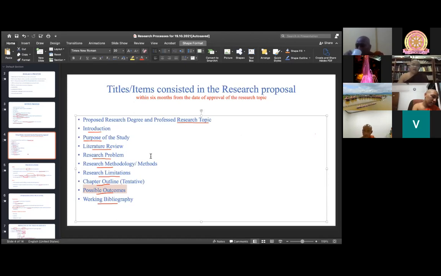Now, later students, not in my time. Now, at present, most research students, I mean MPhil students, when they do their research proposal, have to write the possible outcome of their research title. Usually these days, I notice the examiner asks, what is the result, what's the new interpretation, what's the conclusion of your research?